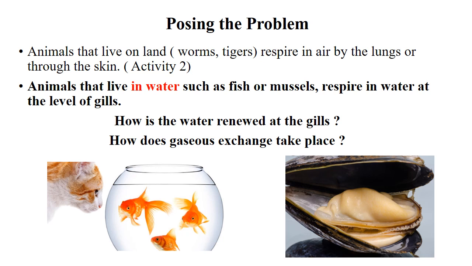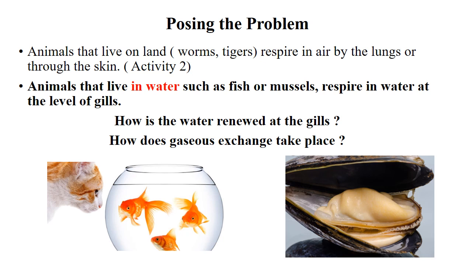In the previous activity, we saw the respiration in aerial medium, or the medium that has air. And we said that animals that live on land, such as worms, tigers, cats, dogs, etc., respire in air by the lungs or through the skin. So these two types of respiration are the pulmonary and the cutaneous respiration, respectively.